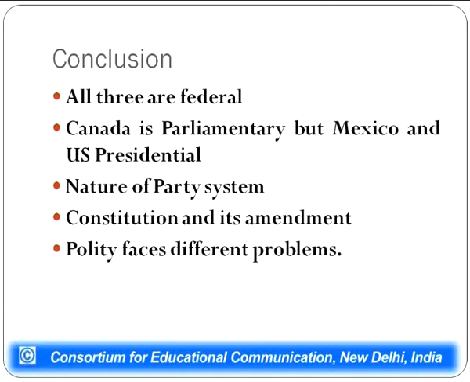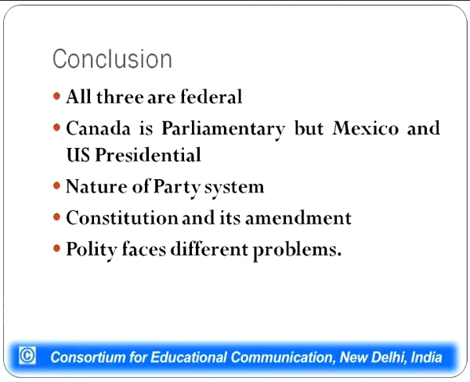Canada is parliamentary, but Mexico and the US are presidential. Even if Mexico and the US are presidential, still they are not alike. They are different in their form. The nature of the party system is very, very different, but one thing is clear: except Mexico, which has now started the three-party system, it has mainly been one party or two parties or 2.5 parties, and even now we only have 3 parties.